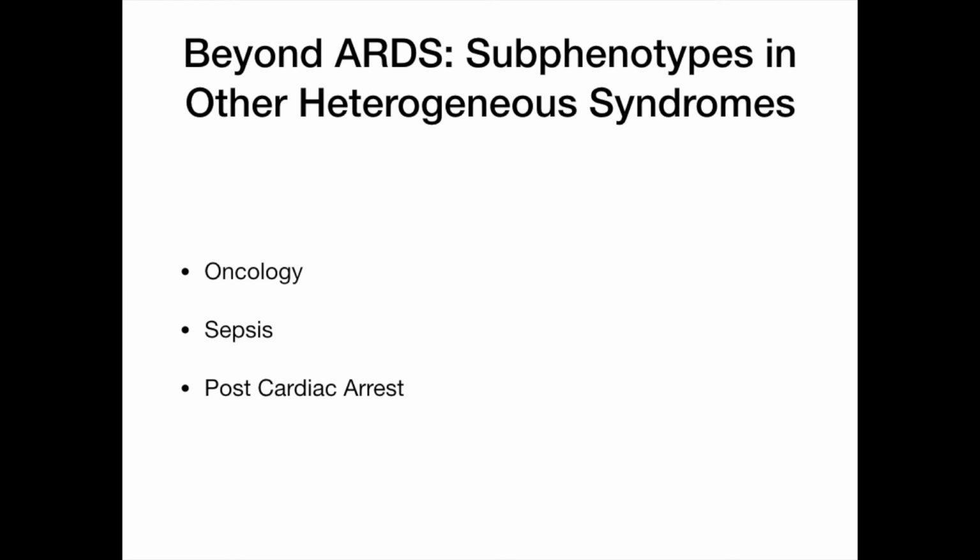Now, beyond ARDS, subphenotypes have been used in other heterogeneous syndromes like oncology, sepsis, and post cardiac arrest. It is predominantly used in oncology, where specific markers are used to predict response to specific therapies. So this is something we should look forward to in ARDS as well.